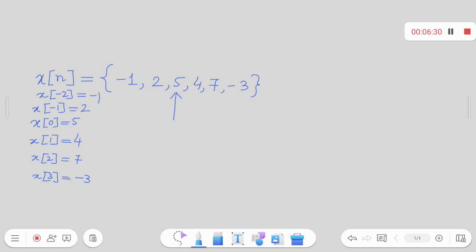Now this is a sequence: minus 1, 2, 5, 4, 7, minus 3. It's a bounded sequence, and also of finite length. Now I can visualize this sequence in terms of some basis functions. What are the basis functions?